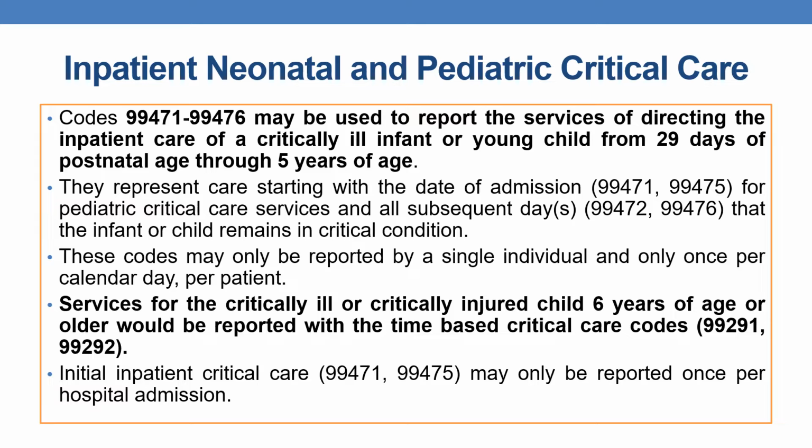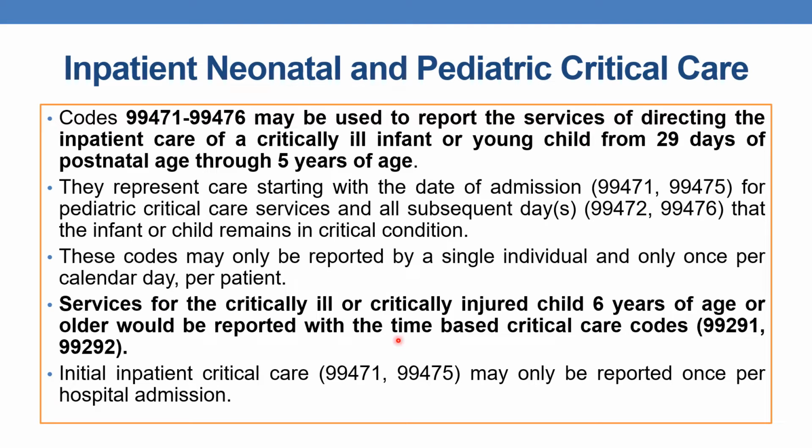On the date of admission, you need to report 99471 or 99475 for pediatric critical care services, and for all subsequent days, you need to report either 99472 or 99476 while the infant or child remains in critical condition. These codes may be reported by a single individual and once per calendar day per patient.